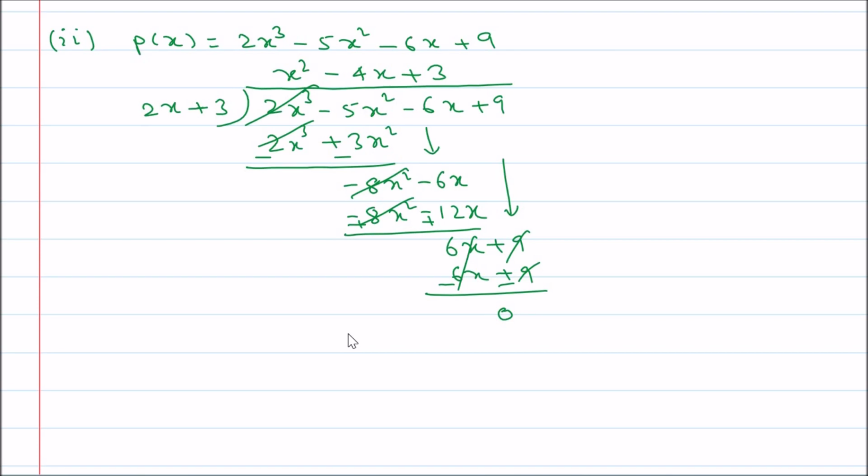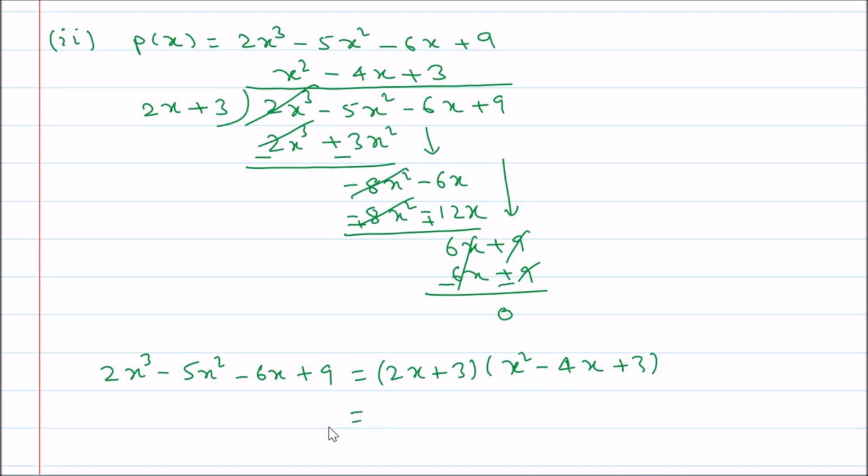So 2x plus 3 is a factor and the other factor we got is quadratic. So let us write now. We can write 2x cube minus 5x square minus 6x plus 9 is equal to 2x plus 3 into x square minus 4x plus 3.